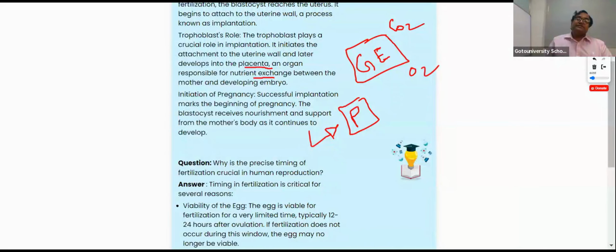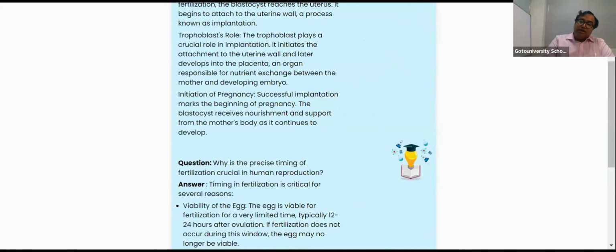In addition, the placenta supports the excretion of the fetus: the waste material of the fetus is taken away with the help of the placental tissues. So E, GE and P, these three boxes help me develop multiple sentences if they ask an essay type 5 mark question. We should be careful how to elaborate.